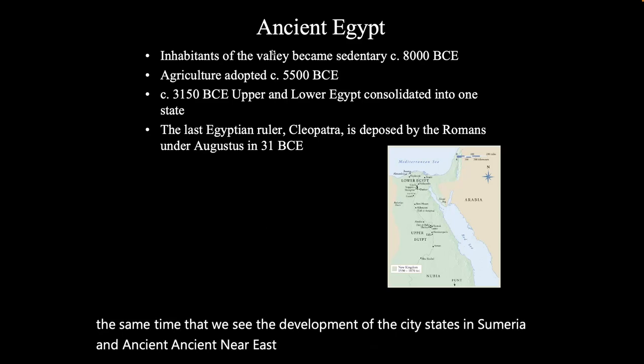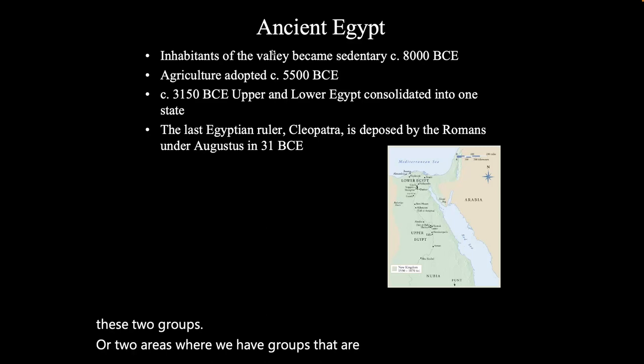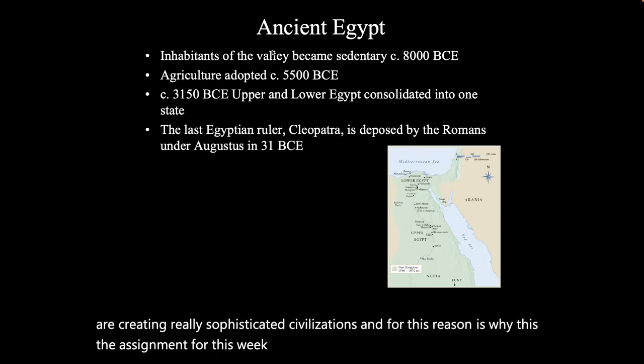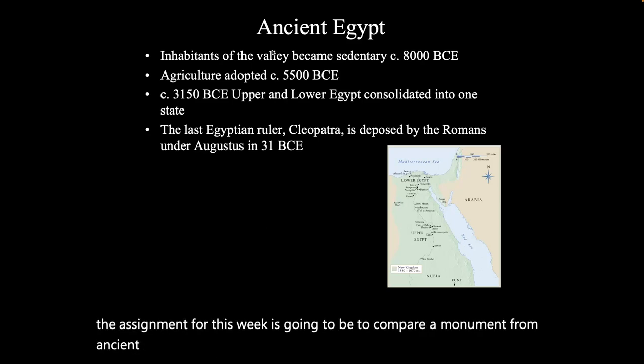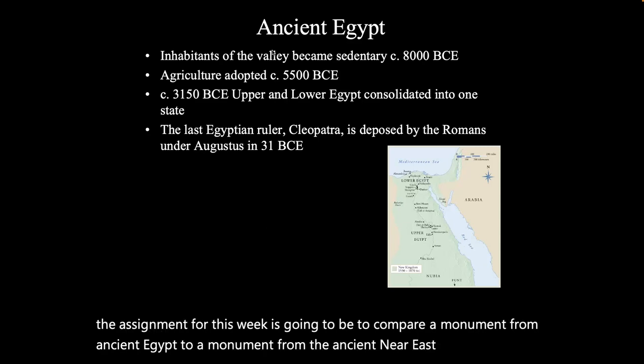And so keep that in mind, that we have these two areas where we have groups that are settling and have settled and are creating really sophisticated civilizations. And for this reason, the assignment for this week is going to be to compare a monument from ancient Egypt to a monument from the ancient Near East, a Sumerian monument.